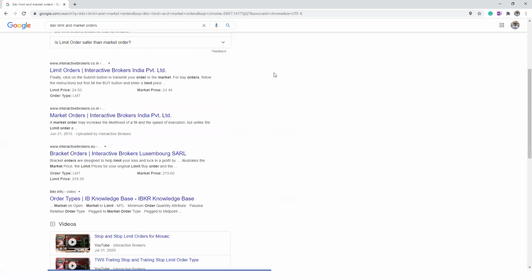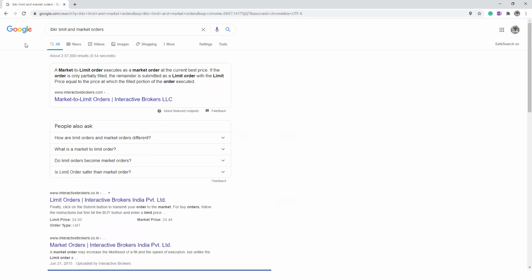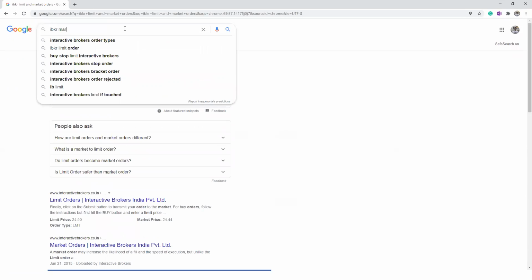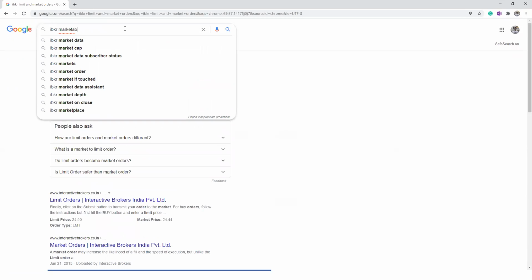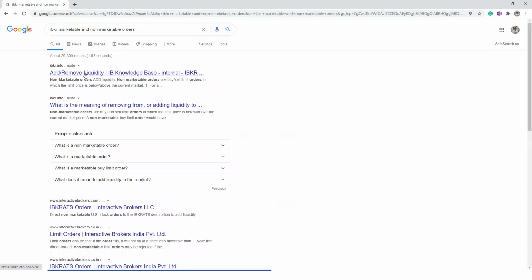Those kinds of information you can find in their portal. And there is one more thing. It's called marketable and non-marketable orders. So this will give you a brief guideline.